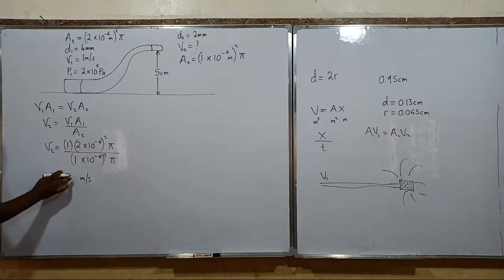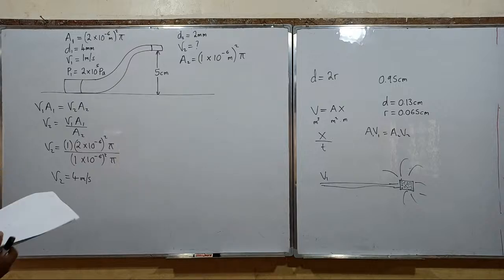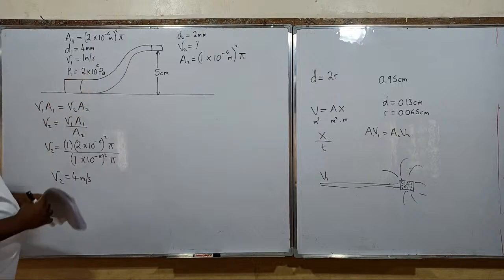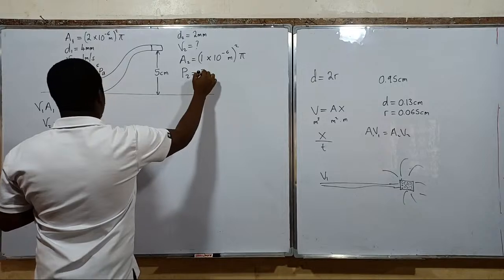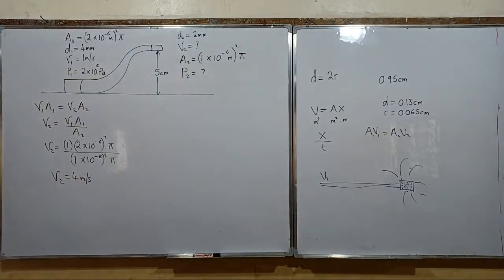Okay, so now that we have a velocity, which is 4 meters per second, let's find the pressure. Remember, pressure this side is given, so we need the pressure on this side. To find the pressure, it's evident that we're going to use Bernoulli's equation.